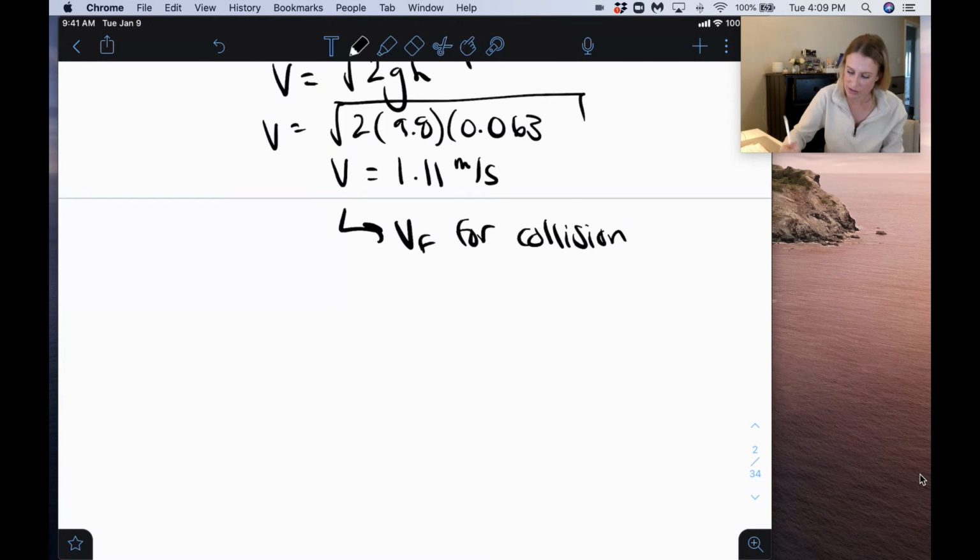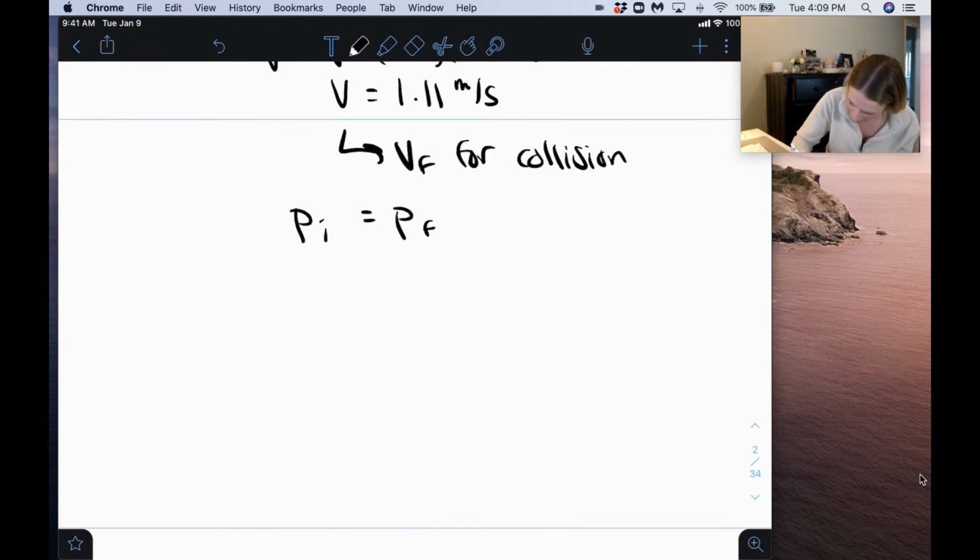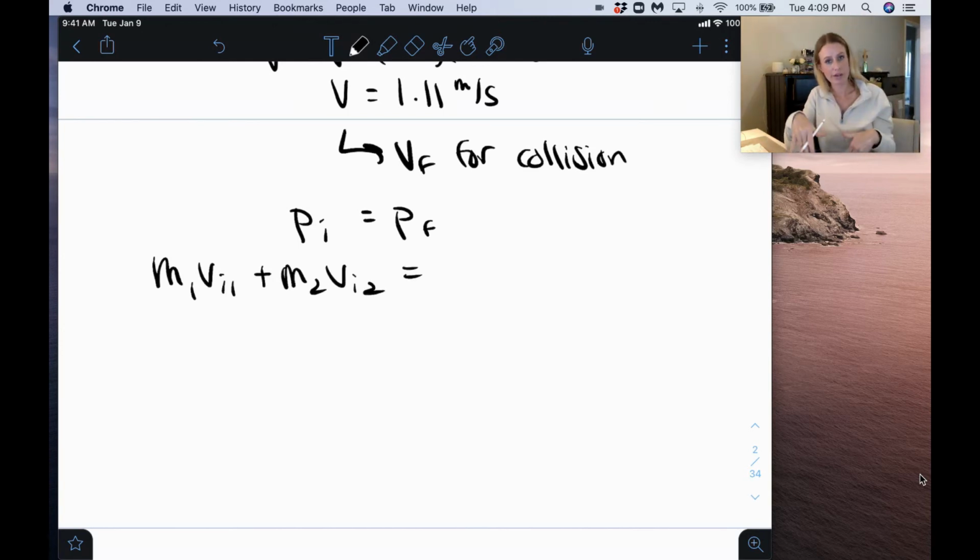So now we can do our conservation of momentum. Momentum initial equals momentum final. In this case, we have M1 V initial 1 plus M2 V initial 2 equals M1 V final 1 plus M2 V final 2. But since it's an inelastic collision, they stick together and the final velocities are the same.